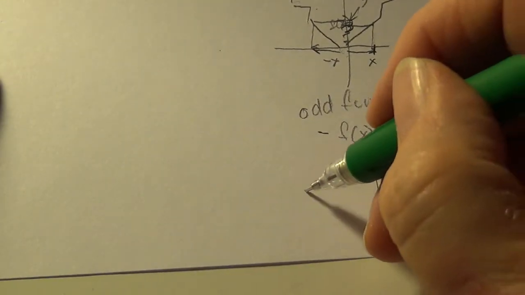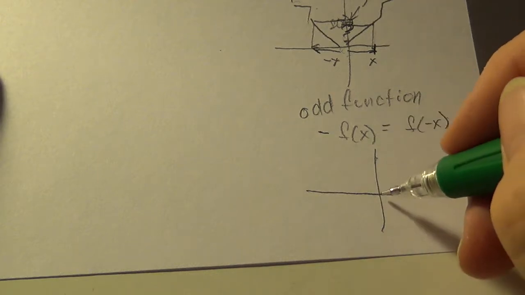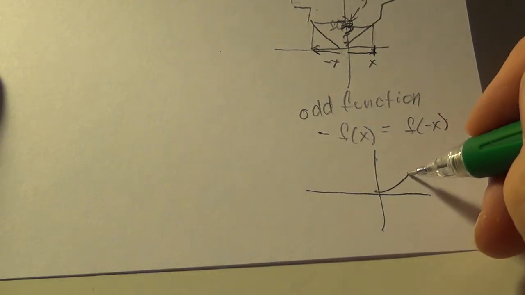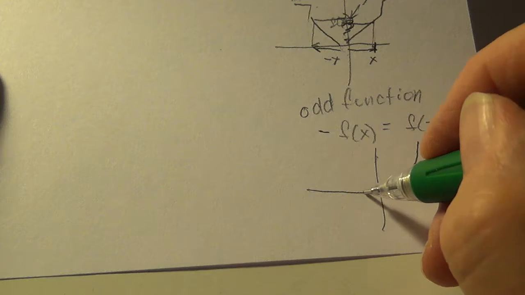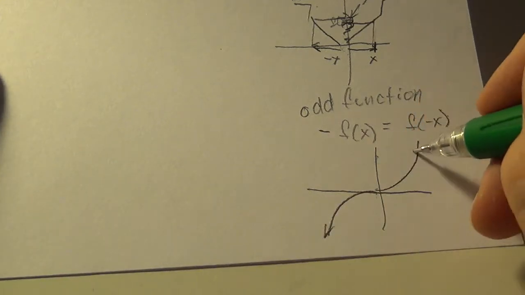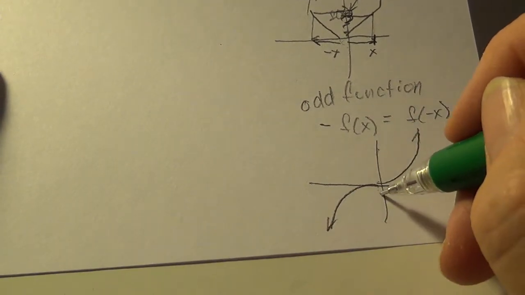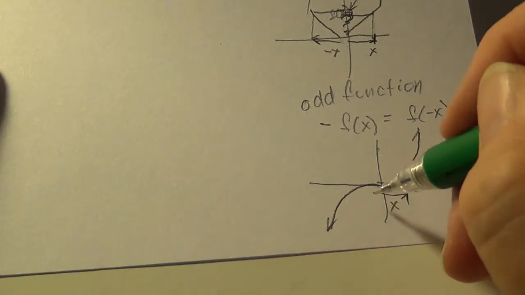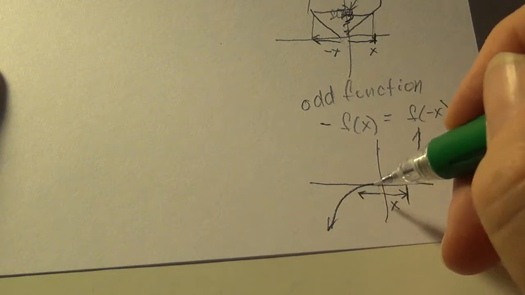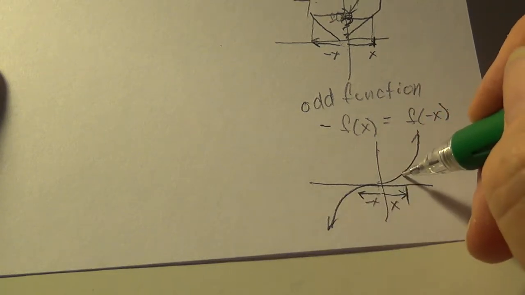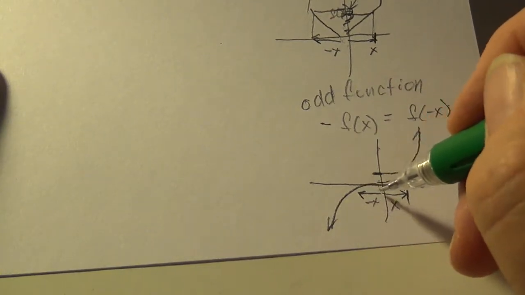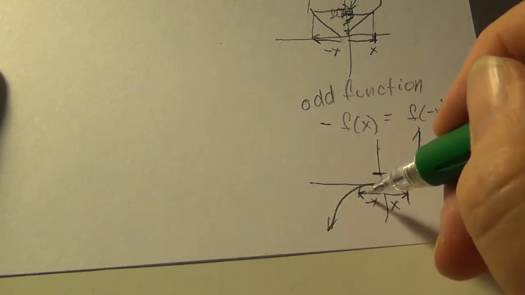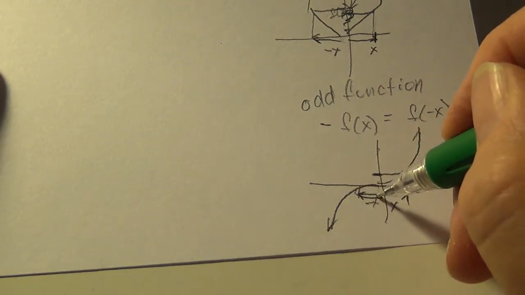For example, suppose I have a function that goes like this on this side and like this on this side. So if I go out x, say that's x, and I go out negative x, you see that f of x here is right there, and f of x on this side is right here.